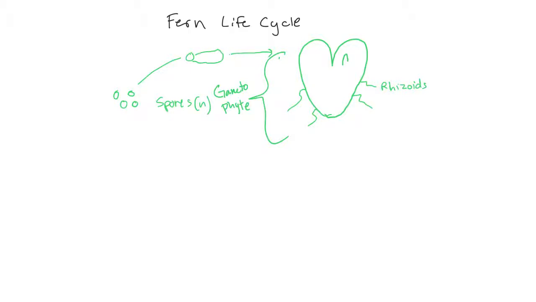Nothing. It's just going through mitosis, growing. But on that same gametophyte, in one area, they'll have archegonium. So same structure as the moss. What's the archegonium going to have? Egg.